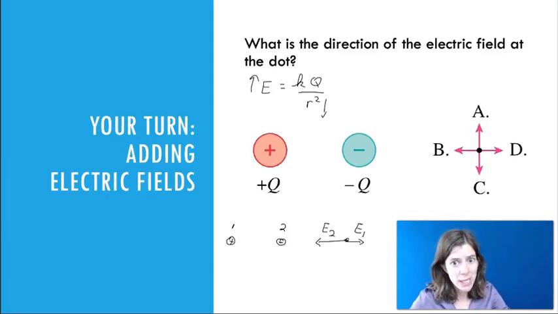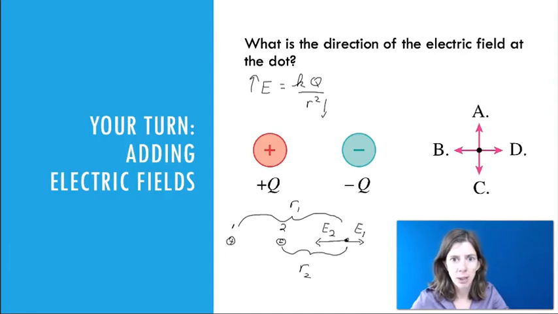Charge number 2 is closer to the point than charge number 1. This would be the distance r1 that we'd plug in to get E1, and this would be the distance r2 that we'd plug in to get E2. So I didn't draw the arrows to scale, but I did draw arrow E2 bigger than arrow E1.